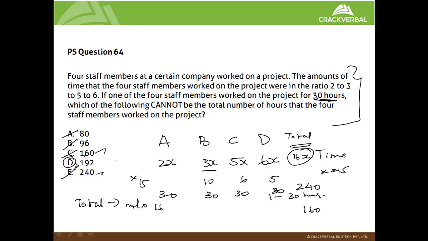That's the process of doing back solving. Not necessarily required here, and it is not going to save a lot of time. Whenever you have a could be or a must be question, the normal way is to just plug in the options and get to an answer. I hope this is clear. The answer has to be D. Thank you.